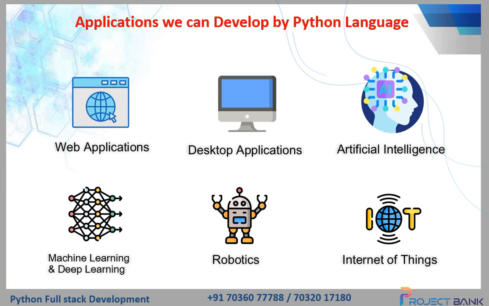And also we can implement IoT applications using Python, like motion detection and home automation kinds of applications, smart city, smart automatic sanitizers, smart vehicles, and many kinds of applications can be implemented using Python.